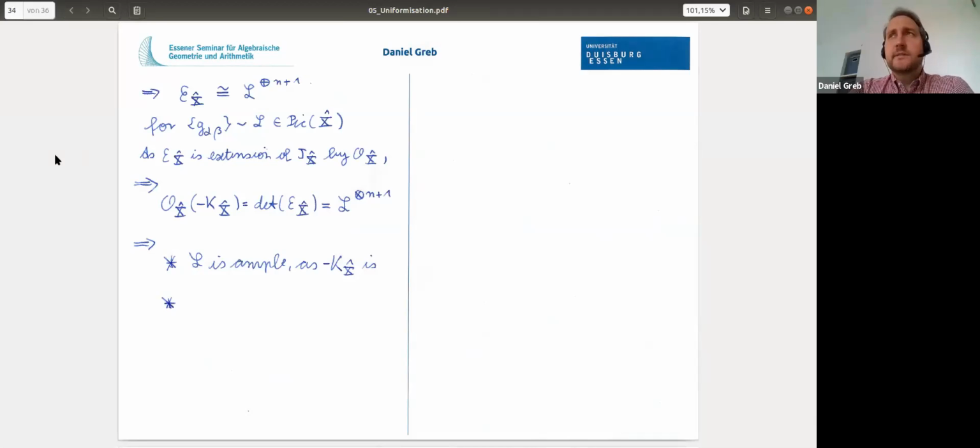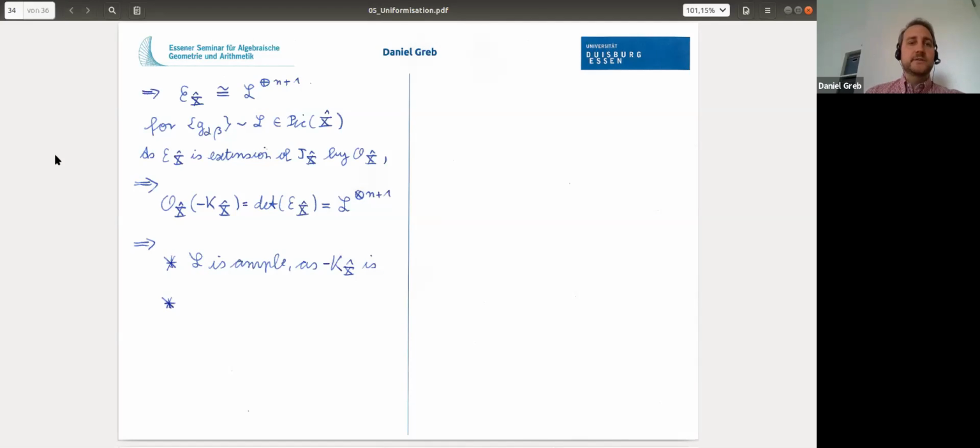And now I check that the line bundle L plays the role of F in the theorem of Kobayashi-Ochiai. So as E of X hat is an extension, I recall again, of T X by O X, if I take the determinant, then on the one hand, where is it, my extension? It's here on the left.